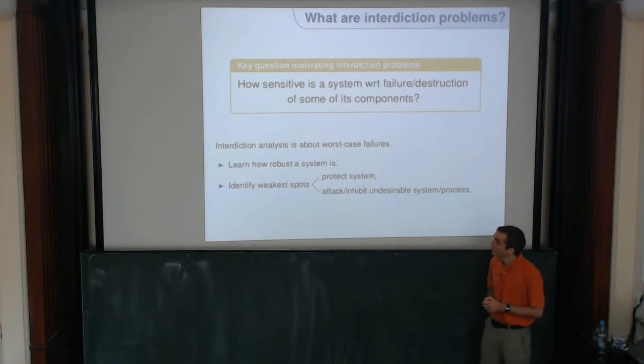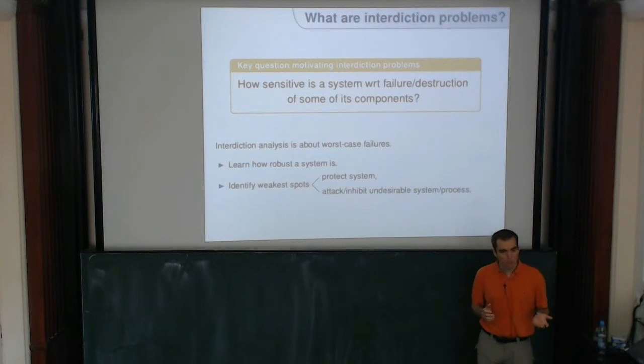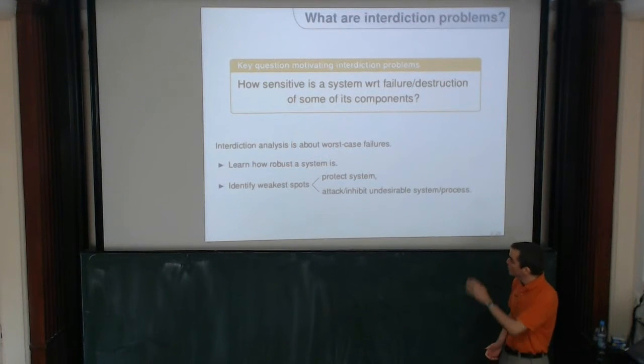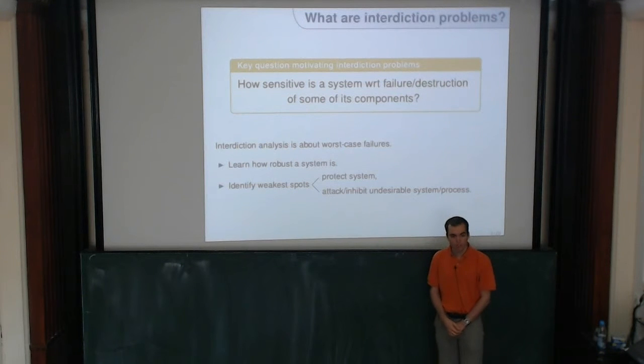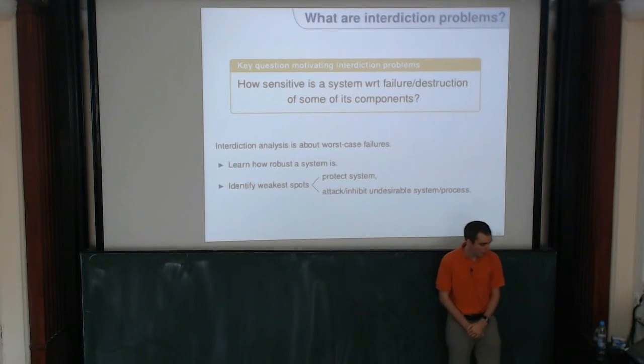The main goal is to learn how robust the system is, and also to identify its weakest spots, sometimes to protect things, and sometimes to attack an undesirable system or process. Especially the protection part became quite famous after 9/11, to protect infrastructure from terrorist attacks.